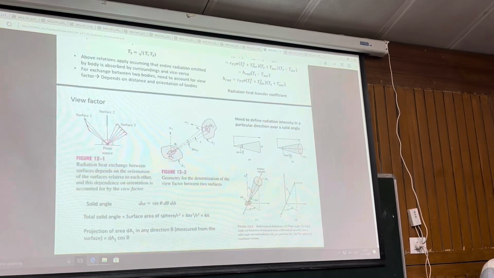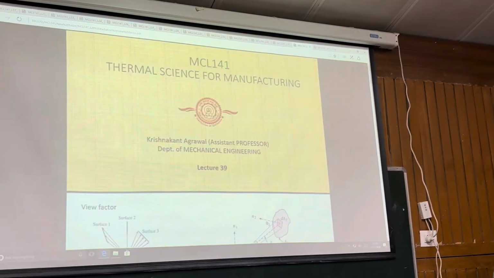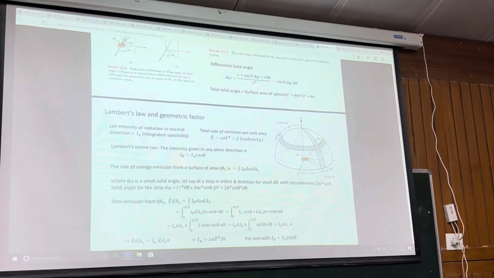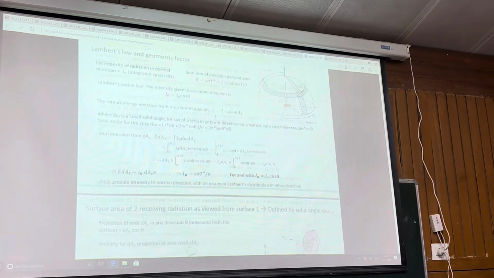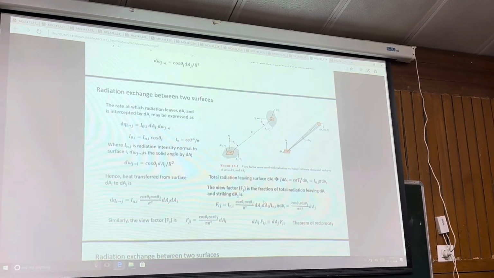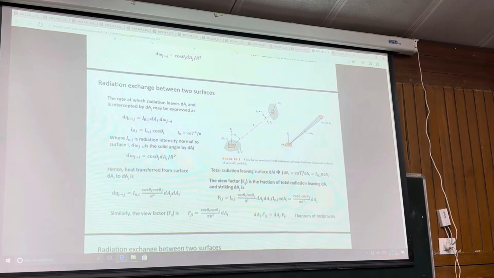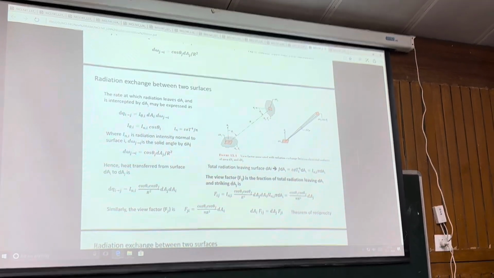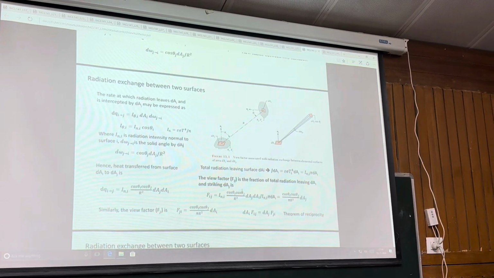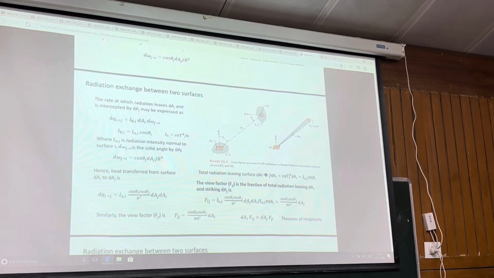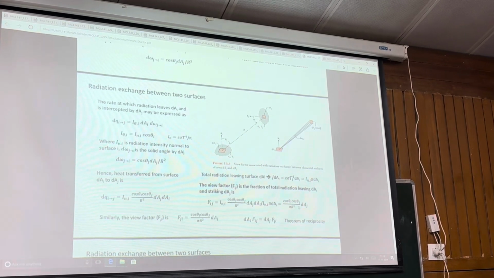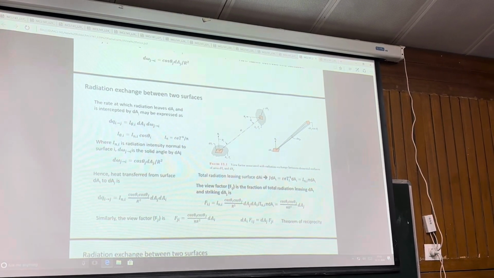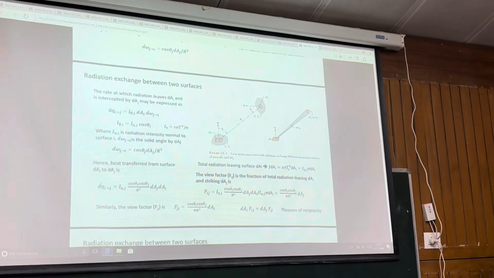And yeah, view factor, how to calculate? This is the main formula for the view factor, the final formula. F_ij is the integral of cos theta_i cos theta_j by r squared dA_j dA_i. So this formula is for the view factor and this formula is for the heat transfer.